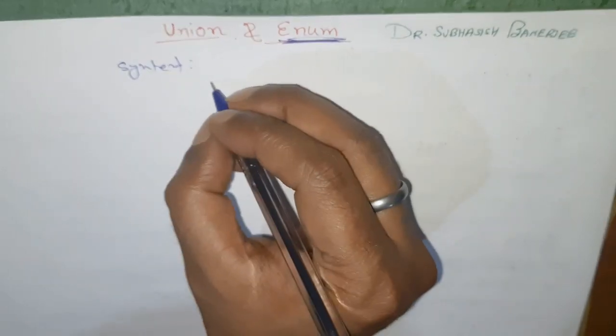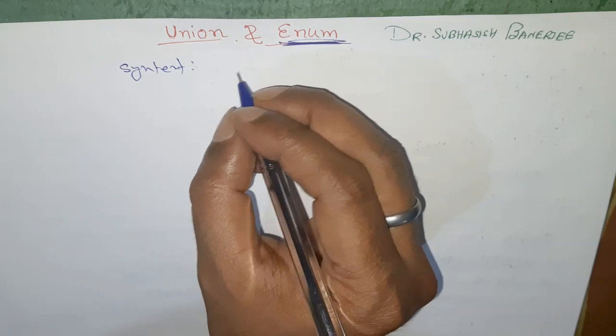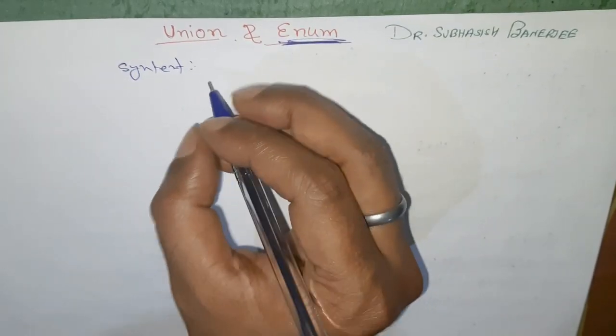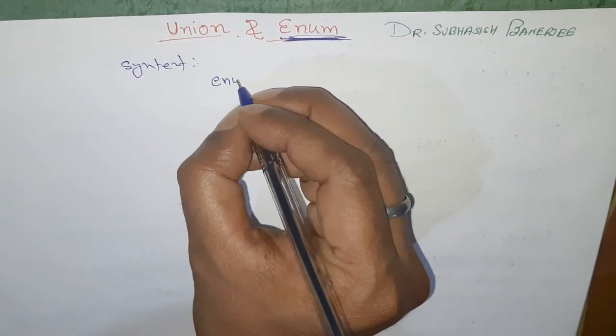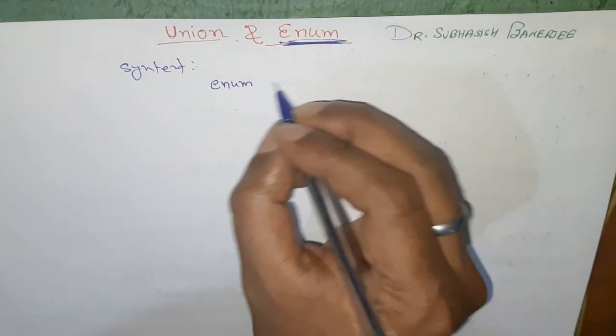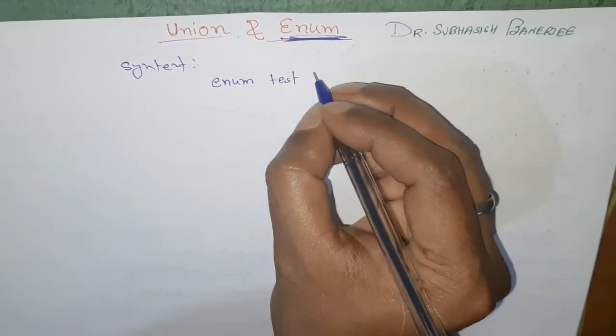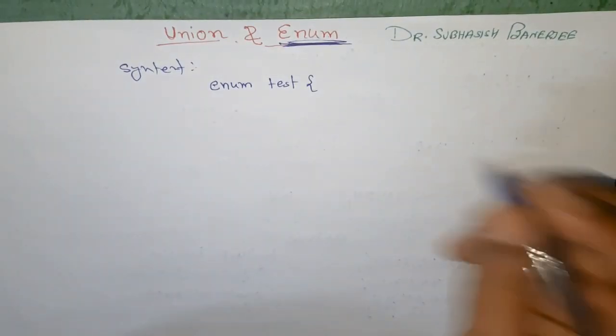of the enum, just as the structure starts with the keyword struct, and the union starts with the keyword union, similarly the enum starts with the keyword enum, followed by some name. Let's have test. Then we'll have to specify the identifiers.